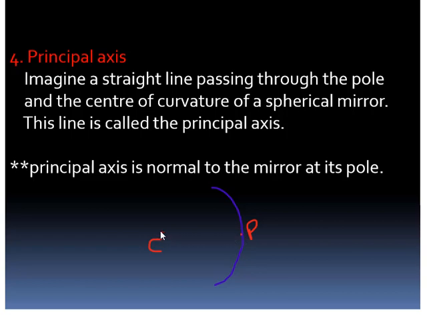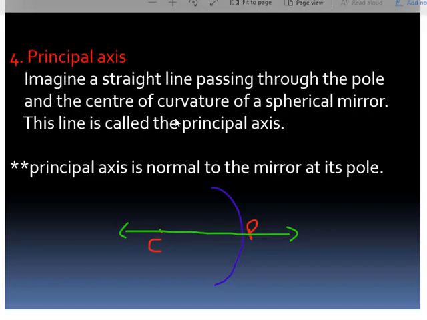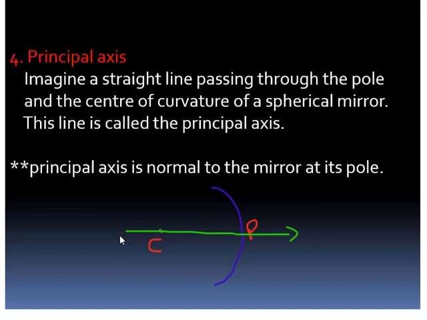So it is the line that passes through the center of curvature and the pole. See, this is a line that passes through the center of curvature and the pole. As we are taking this line as a light ray, it cannot have two directions. That is why here I will erase this one.